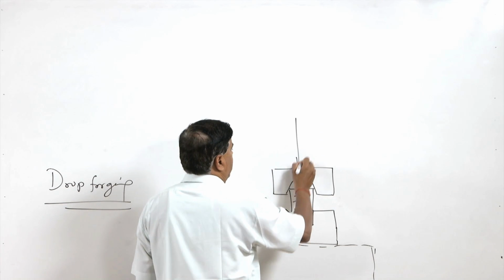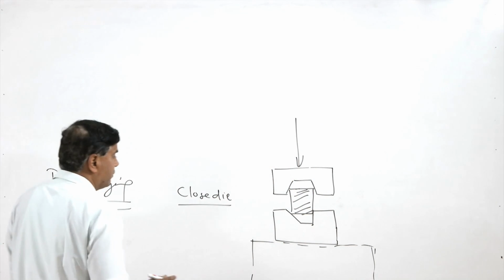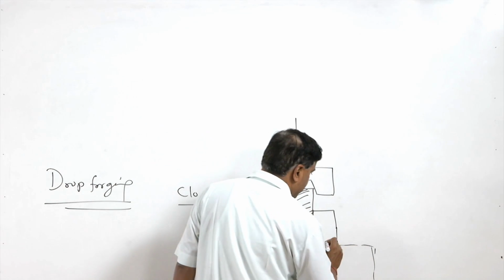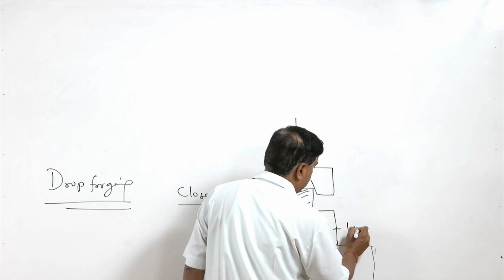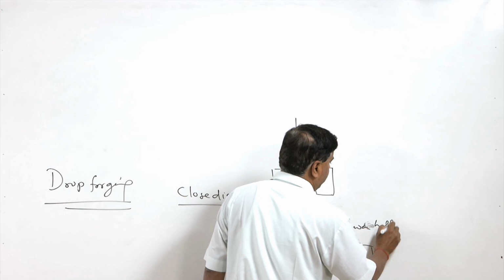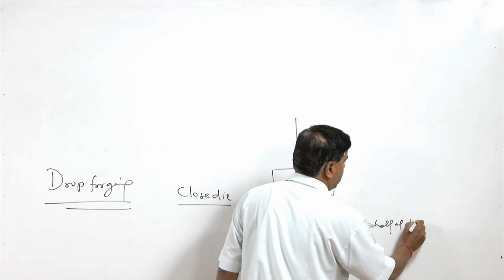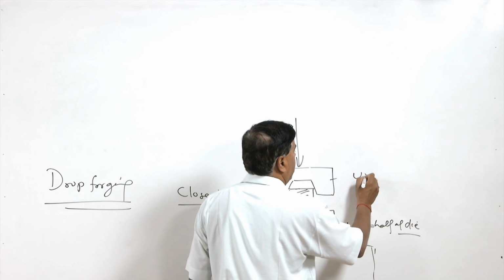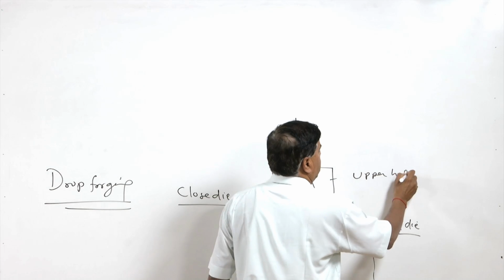So, basically with the help of the press, this is the lower half of the die and this is the upper half of the die.